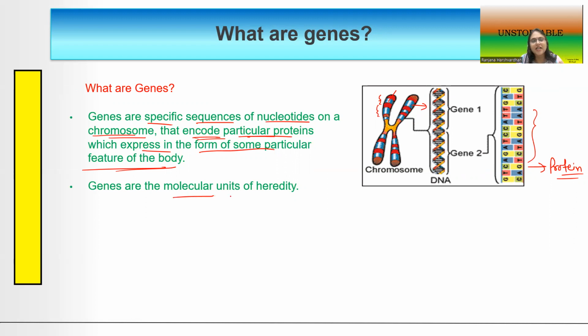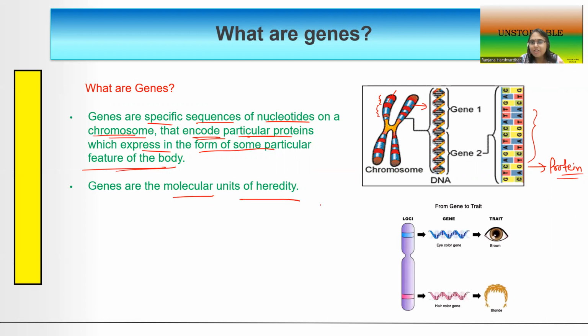So genes are nothing but the molecular units of heredity. In this particular diagram, children, you can see that this is the locus, meaning location. This location is for a gene for eye color. This place has certain nucleotides, a combination of bases A, G, C, T, which are able to prepare a protein which can give the color to my eyes. And at this particular place, you can see pink color.